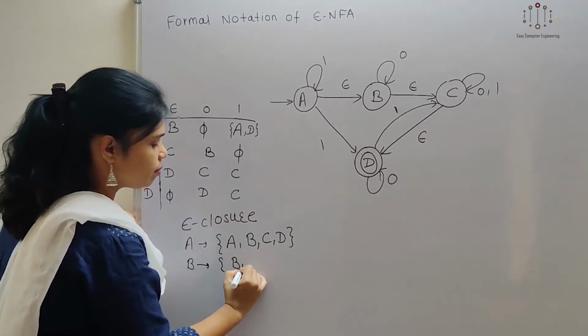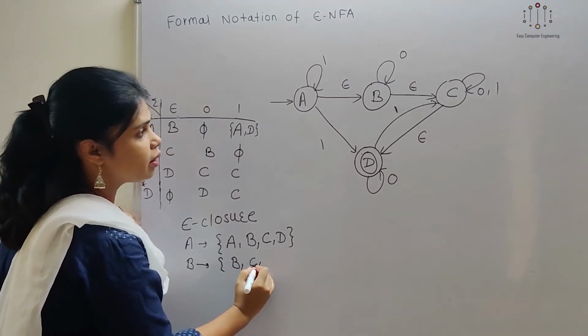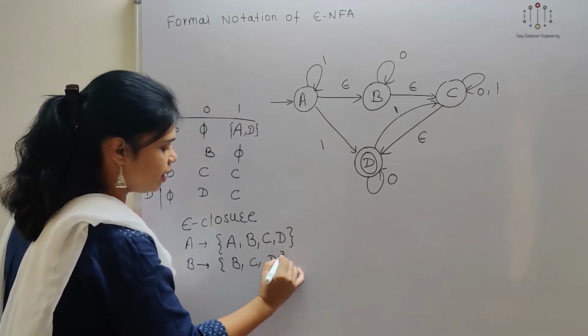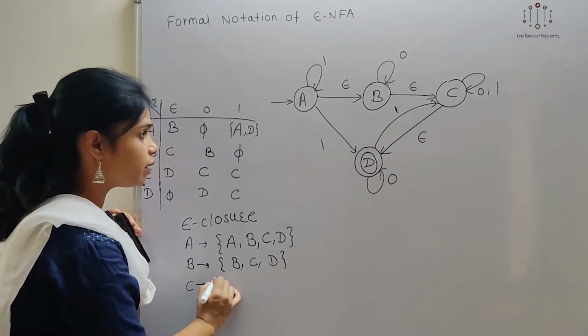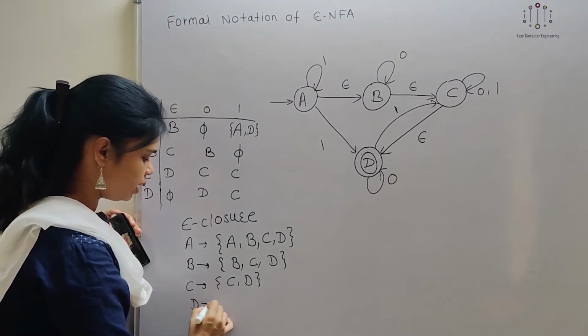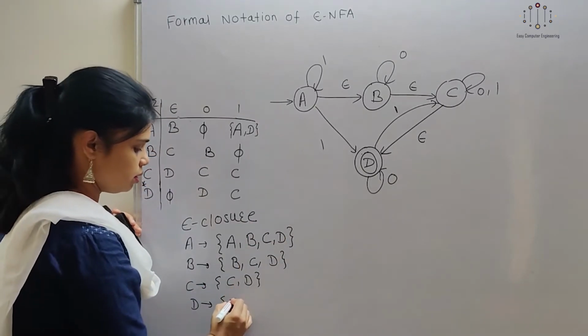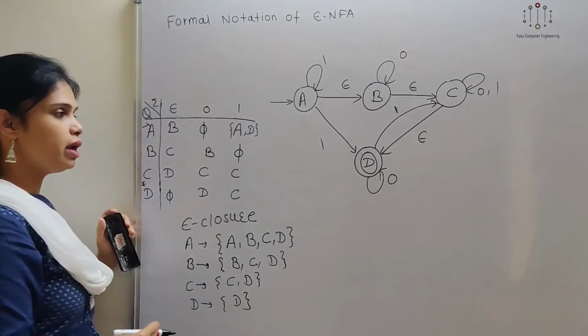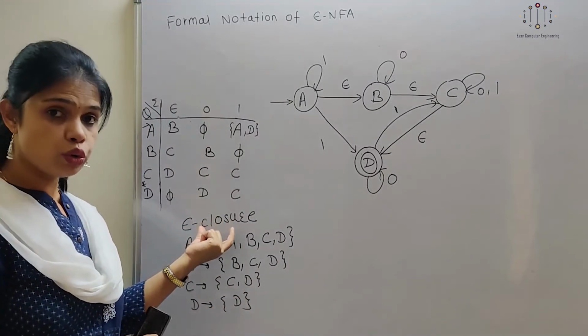B itself, then C and D. From C, where can we move? C and D. And from D, where can we move? D itself. This is the epsilon closure.